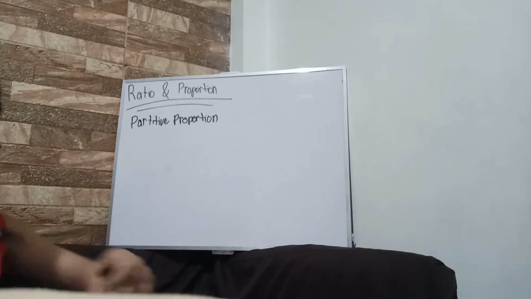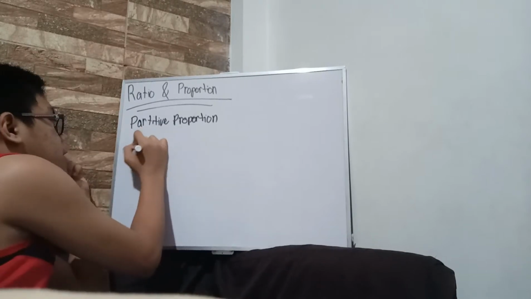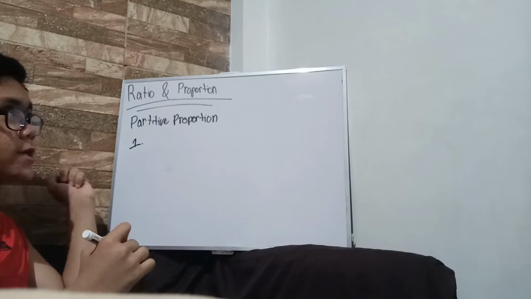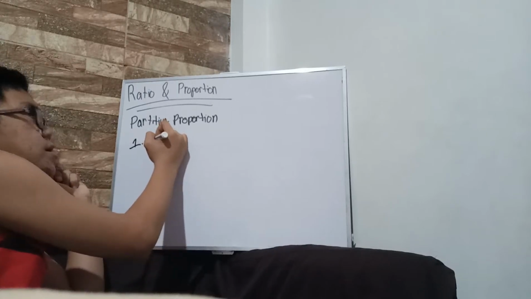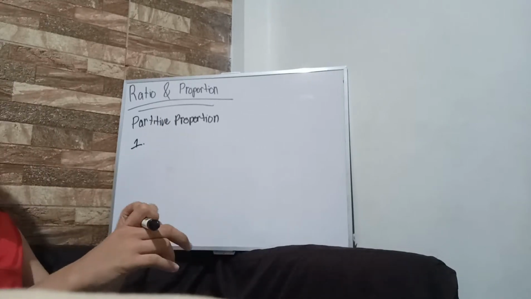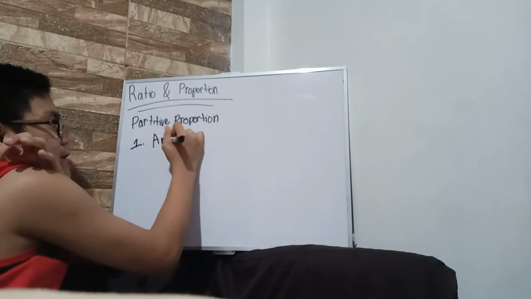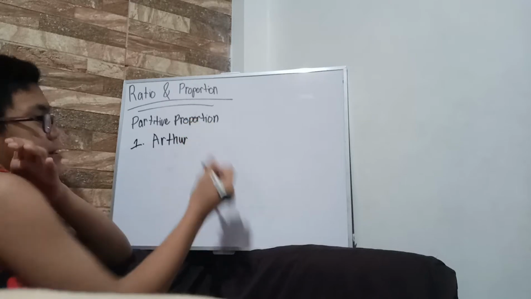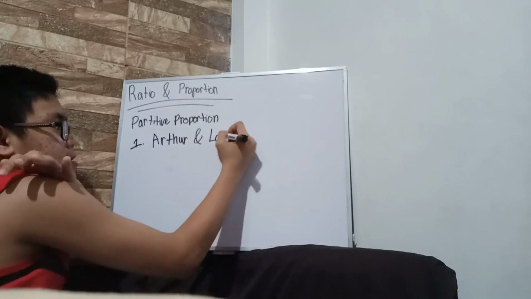For example, I will give you a given problem. So we have here 1. For example, this is the name of my friend. So Arthur and Luis.